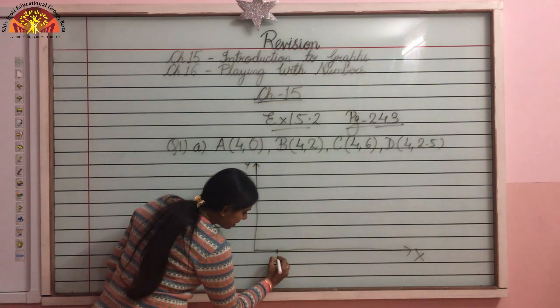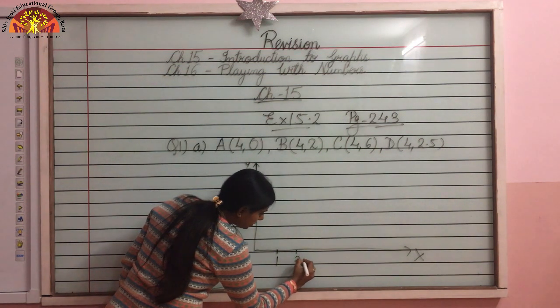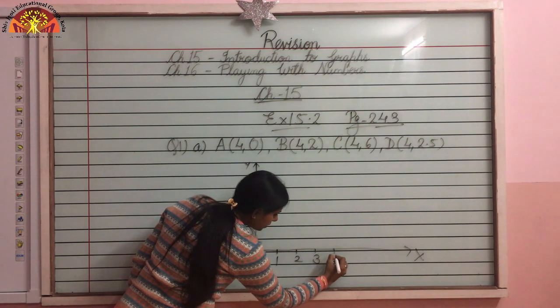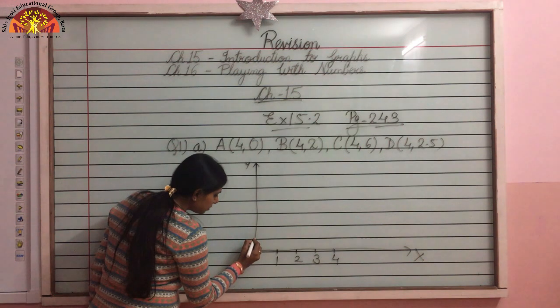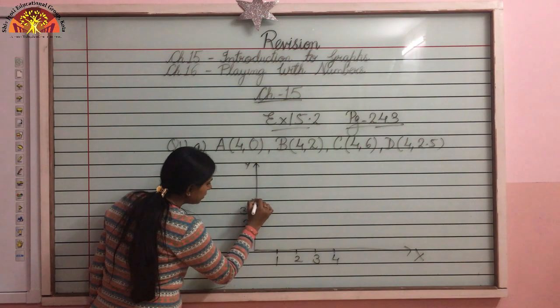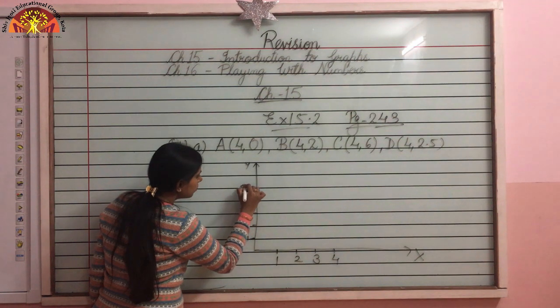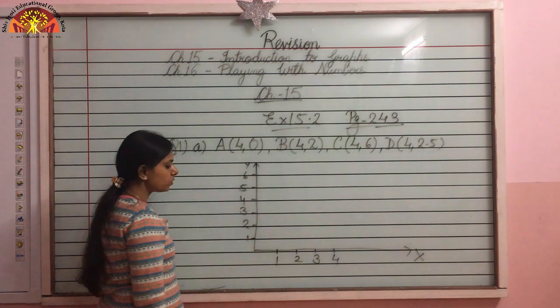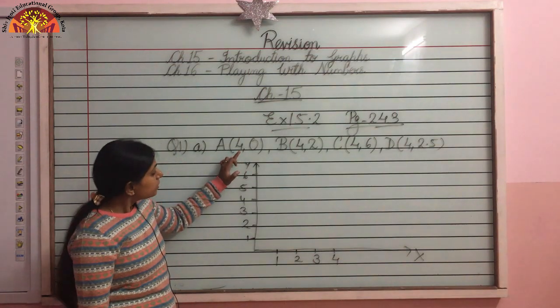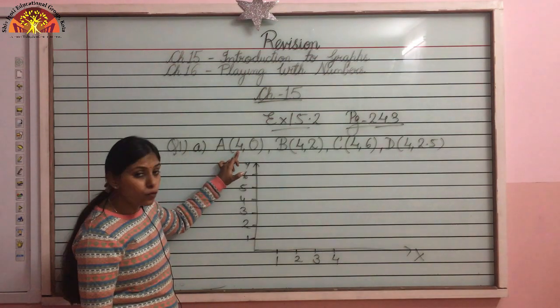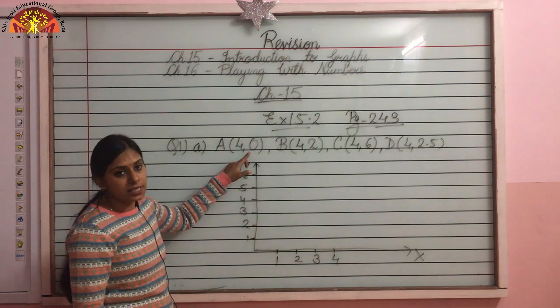On the x-axis the maximum limit is up till 4, so 1, 2, 3 and 4. And on the y-axis it is 6, so 1, 2, 3, 4, 5 and 6. Okay. So first point is A, that is 4, 0. That is on the x-axis it is 4 and on the y-axis it is 0.